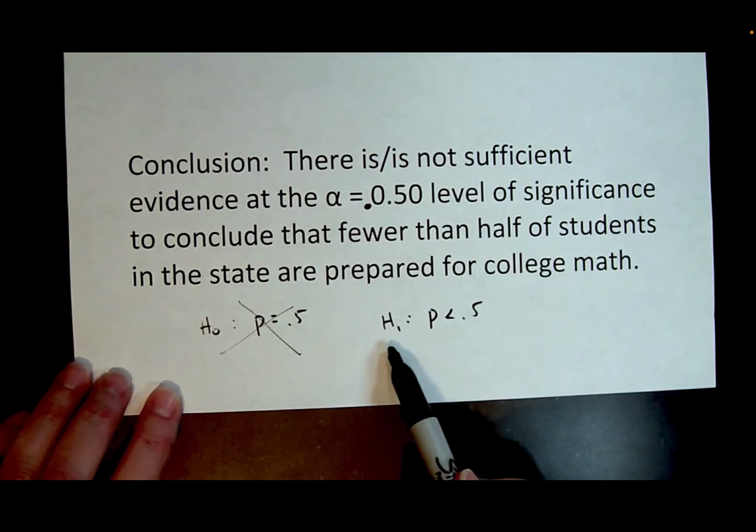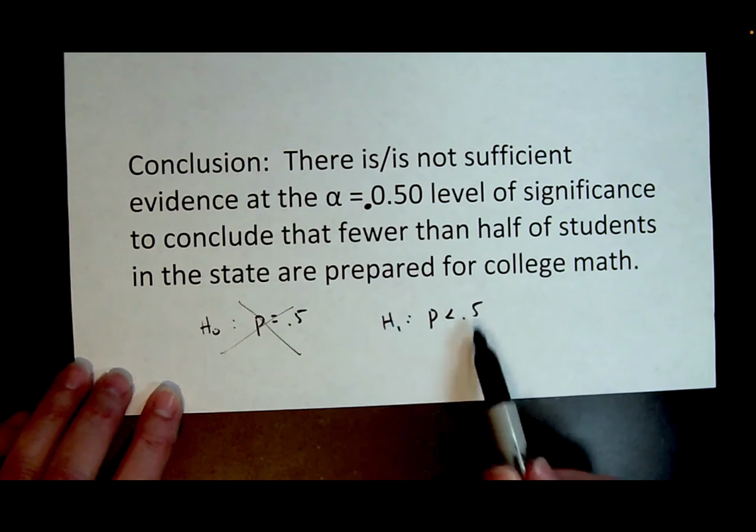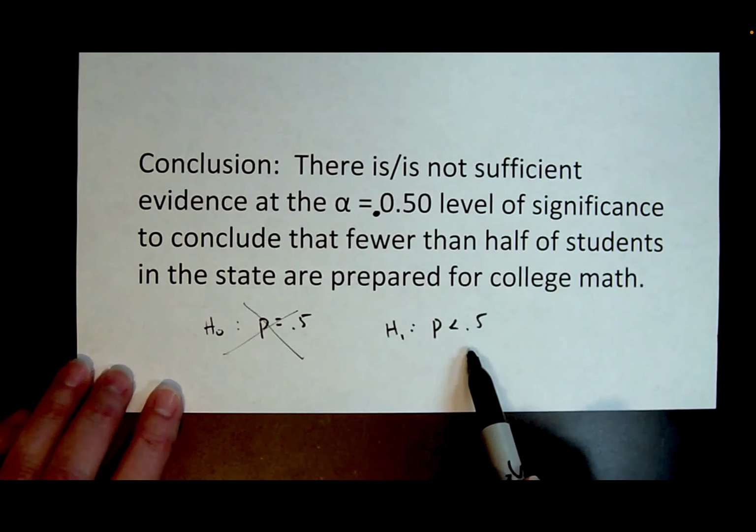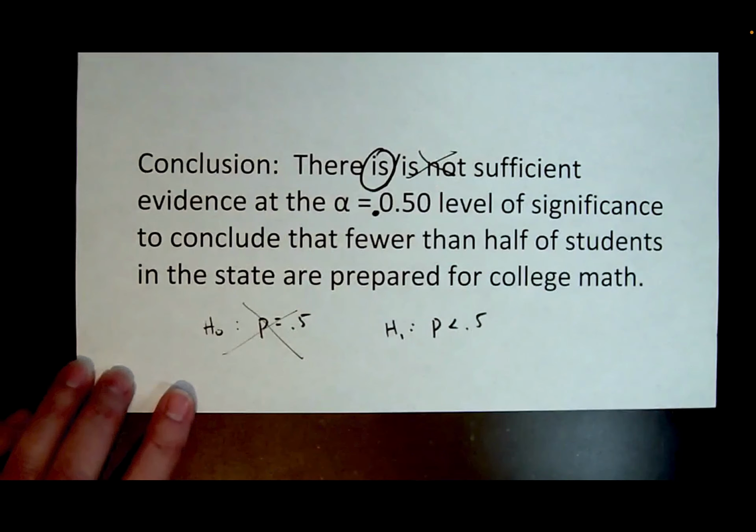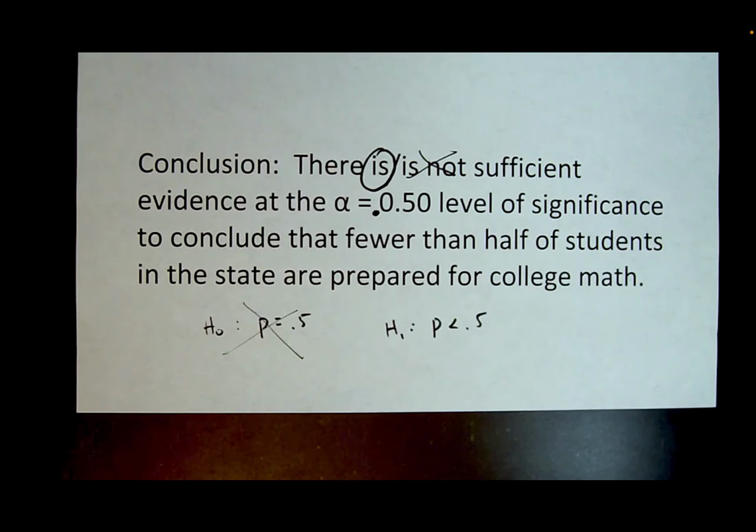That means our conclusion is that there's enough evidence to conclude that this is true. So there is sufficient evidence at this level of significance to conclude that H1 is true, that fewer than half of the students in the state are prepared for college math.